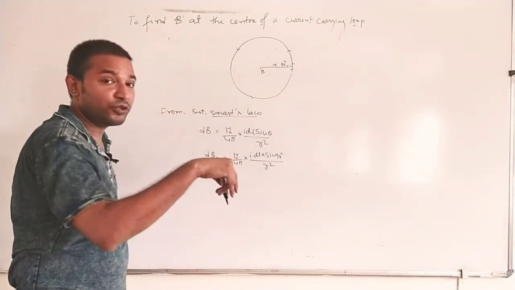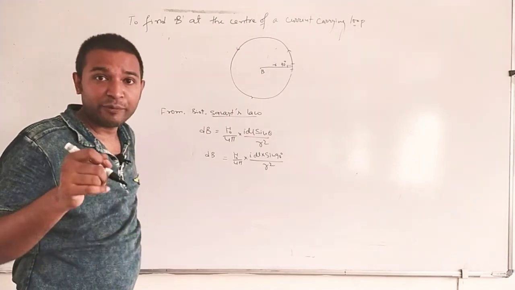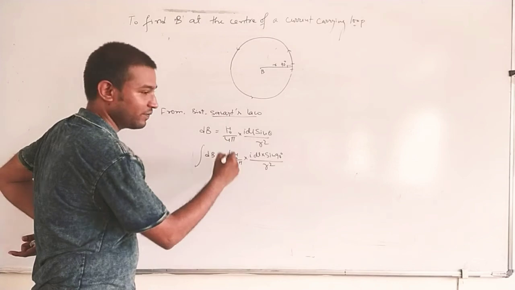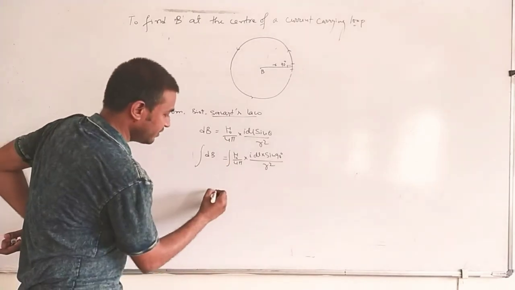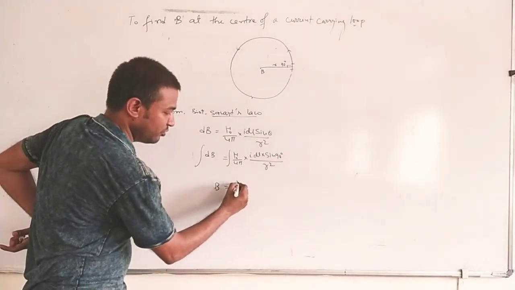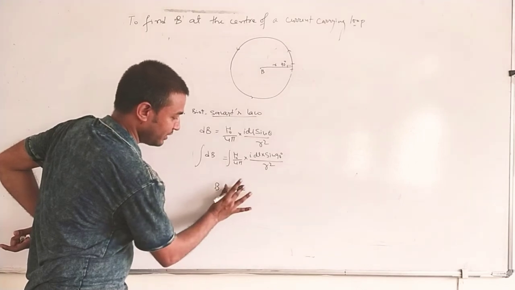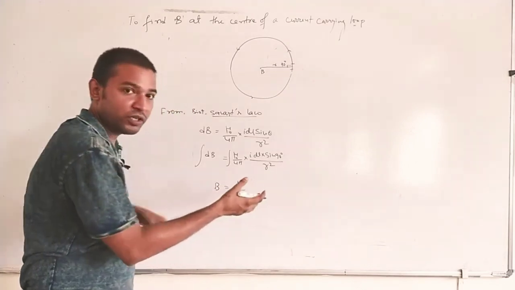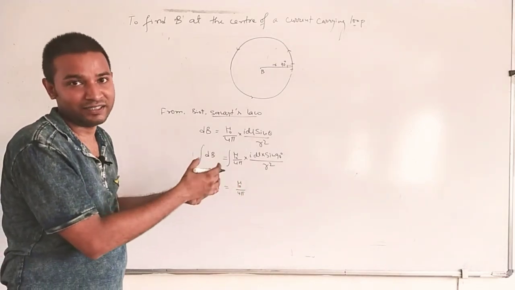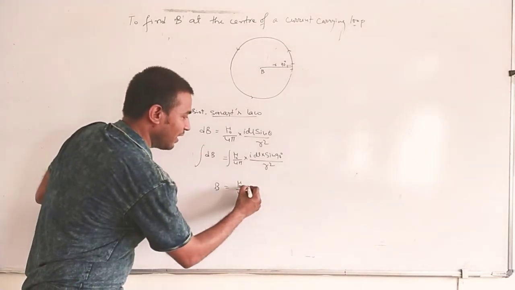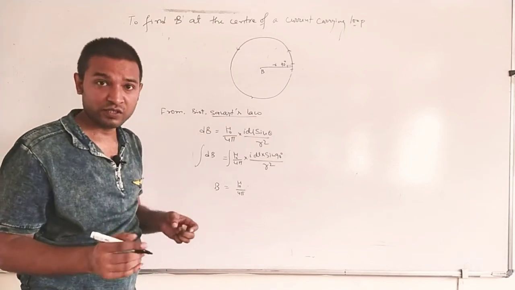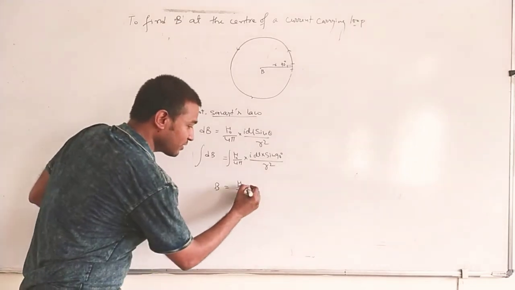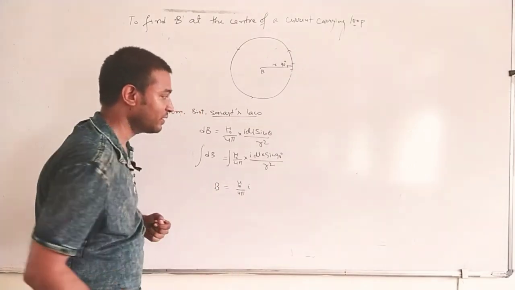To find the total magnetic field, we have to integrate. So dB becomes B, mu naught by 4 pi, which is constant, will come out of the integral sign. Current I is also constant, so it will also come out of the integral.